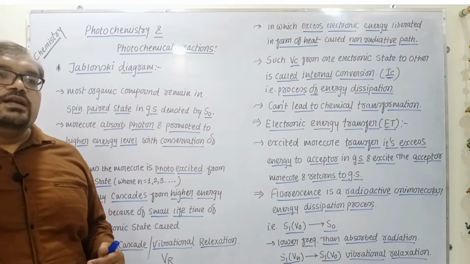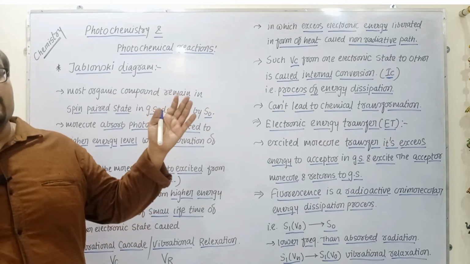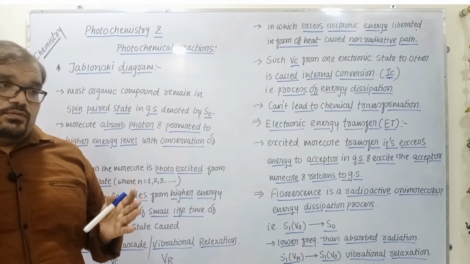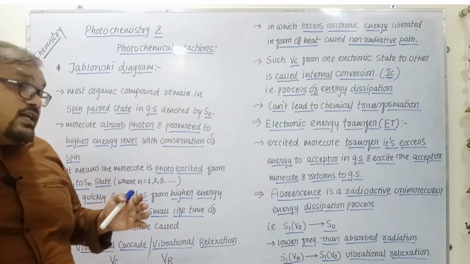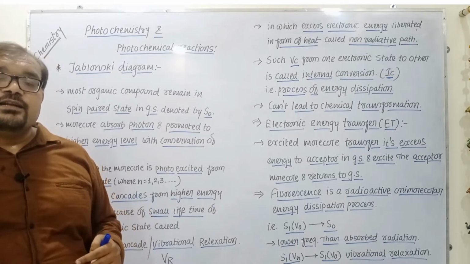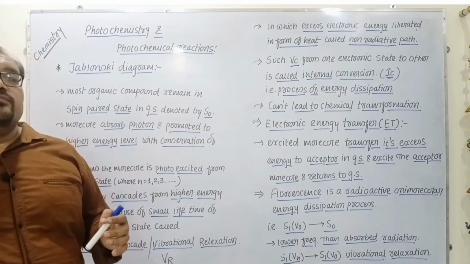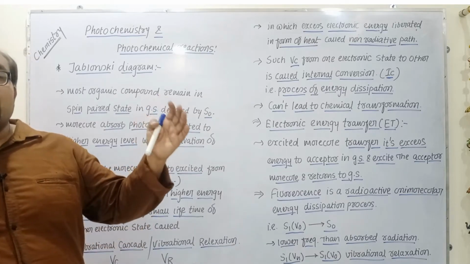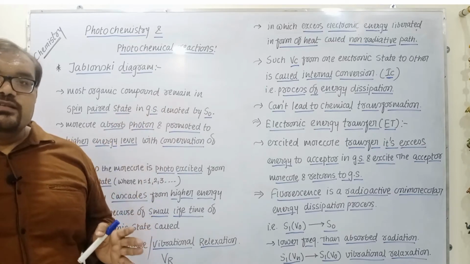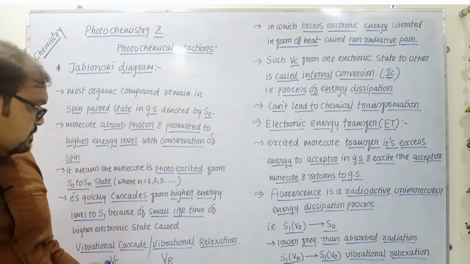Now, friends, electrons are quickly cascaded from higher energy level to lower energy level due to the very small lifetime of such electrons in the higher energy state, and this process of cascade of electrons from higher energy state to lower energy state is known as vibrational cascade or vibrational relaxation, which is denoted by Vc or Vr.